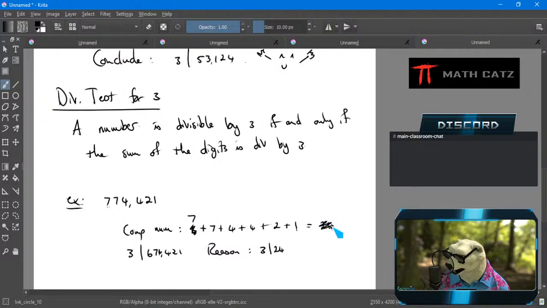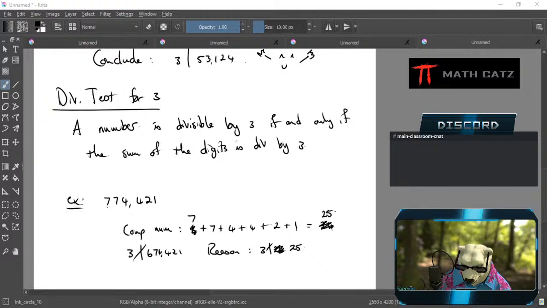Then my comparison number is 25. And then it doesn't work anymore, right? It's not divisible by 3 anymore. 3 does not divide into 25. We could use our calculator to double check. 774,421 divided by 3.